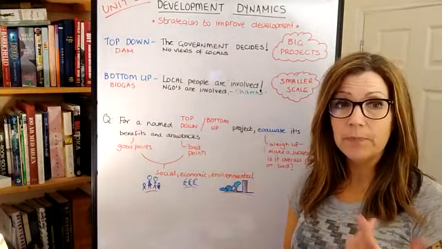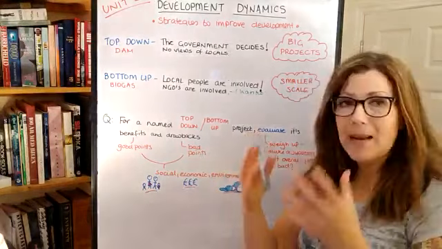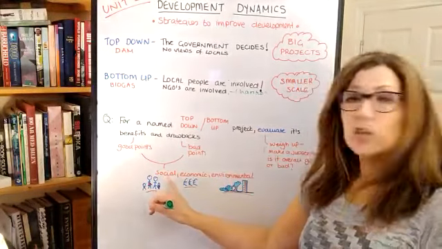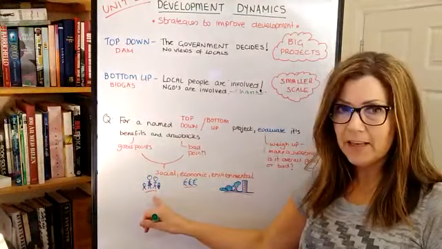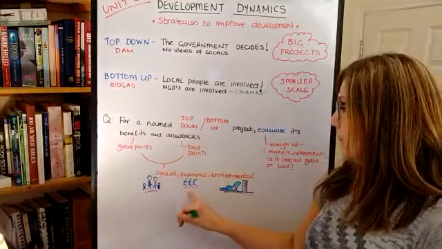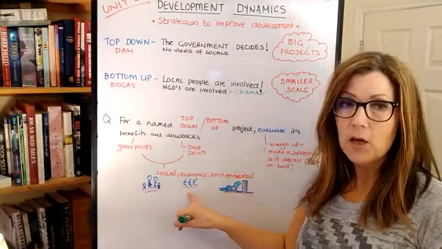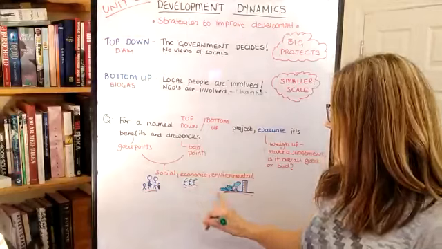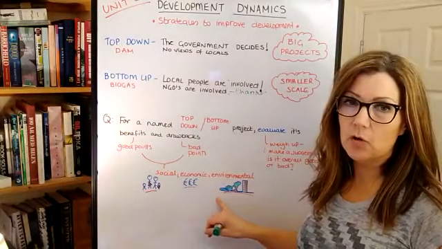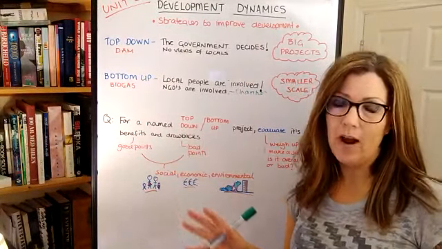Now if you're getting a little bit stuck in any question that asks you to evaluate benefits and drawbacks of a project or something like that, please remember that you can think about social, to do with the people. So what are the benefits and drawbacks for people living in the area? What are the benefits and drawbacks economically? So for the economy, how does it make money or how doesn't it make money? And for the environment, we need to make sure that we remember the environment means what's around the people.